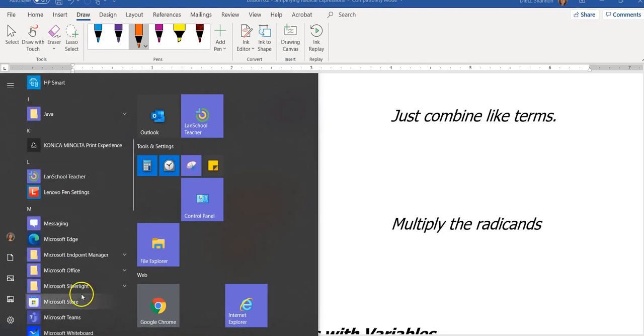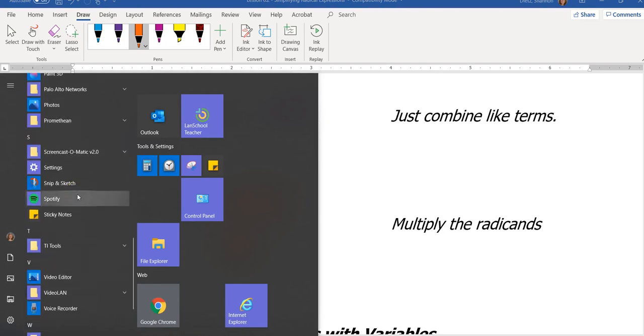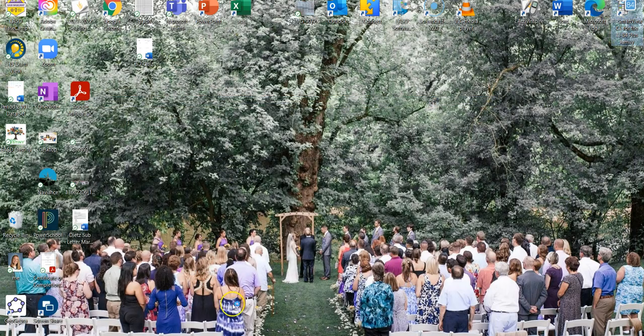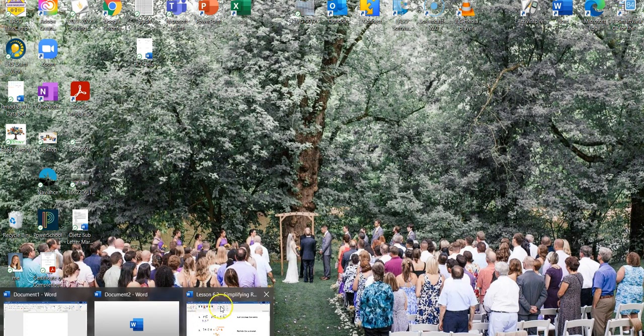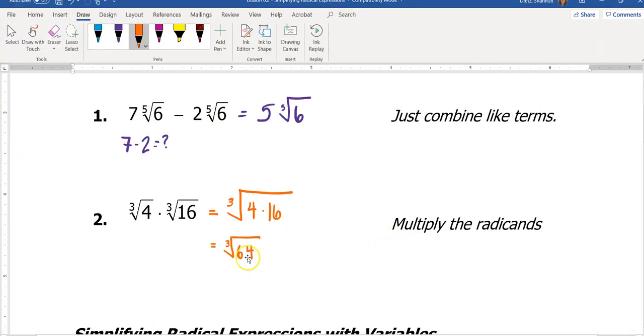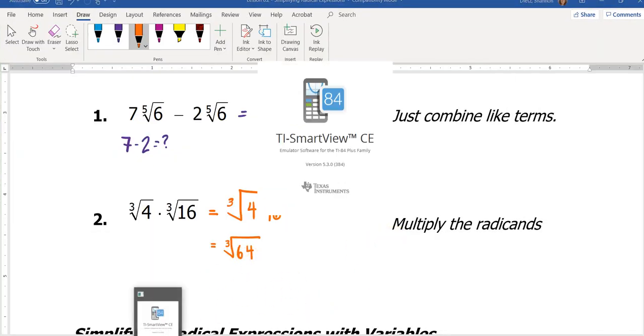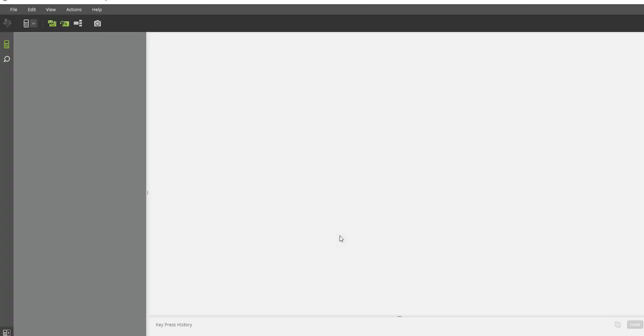So with this, I'm going to pull up our calculator. It's a good step to always see, does this simplify to a whole number first? If not, we're going to be looking to break down the number that is inside that root.